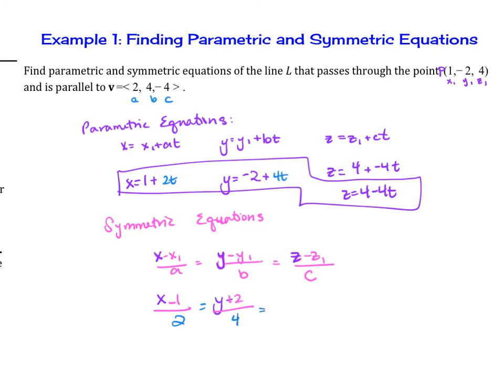Then we have (z minus 4) over -4. And that is our symmetric equations.